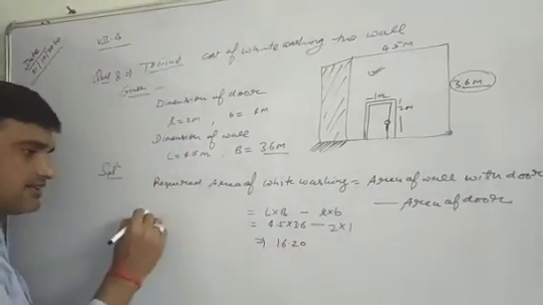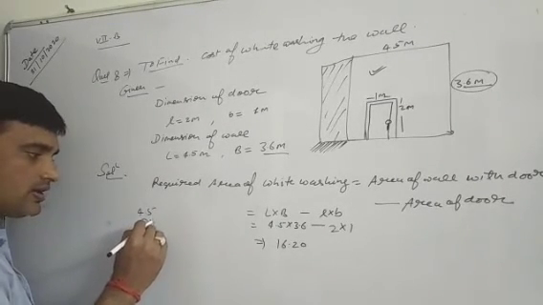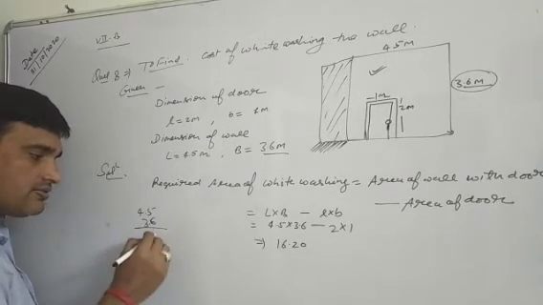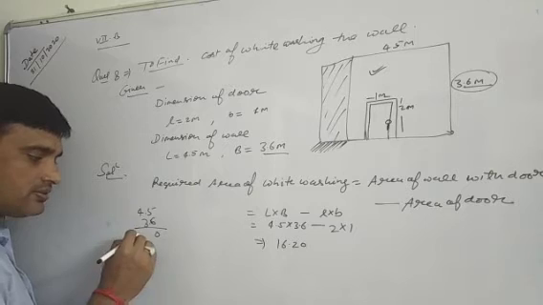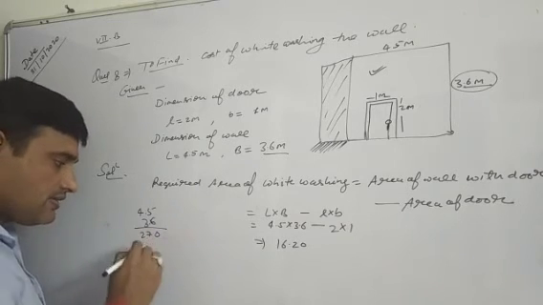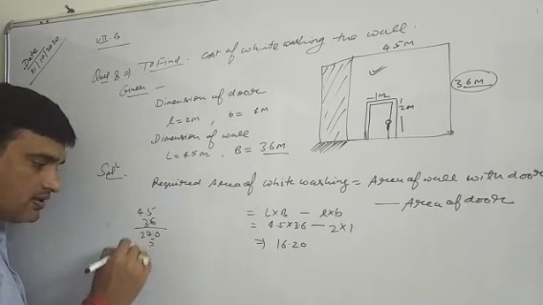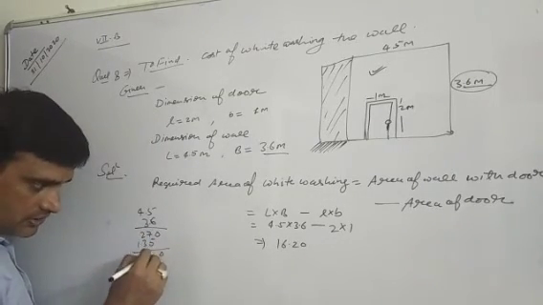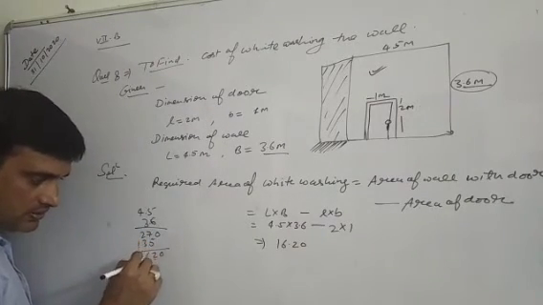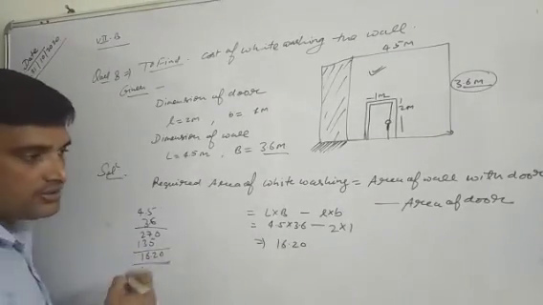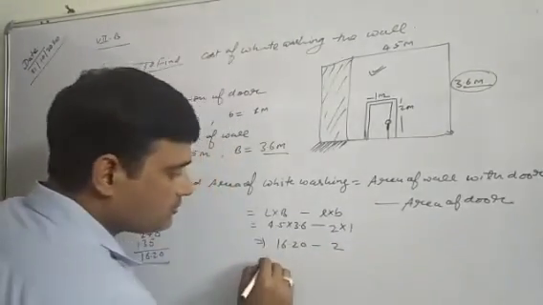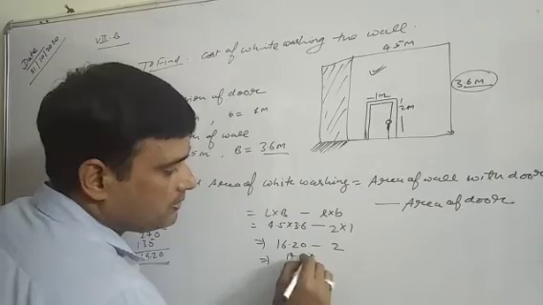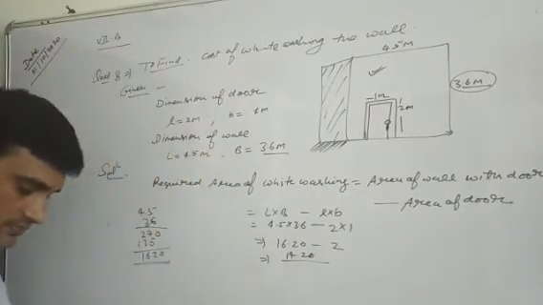Now we check here, 3.6 times 4.5, 16.20. Okay, minus 2, 14.20. Okay.